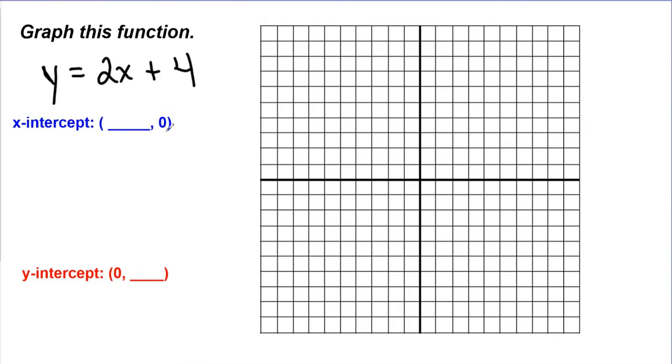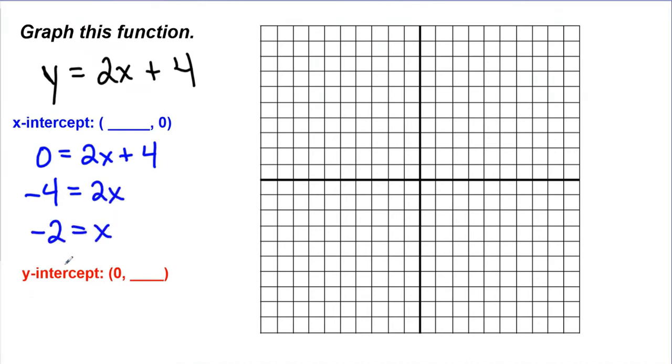Well, I know that y is going to be 0. So I'm going to put 0 into my function for y, and it would look like this. 0 equals 2x plus 4. So what value of x makes this true? Well, -4 would equal 2x, -2 equals x.